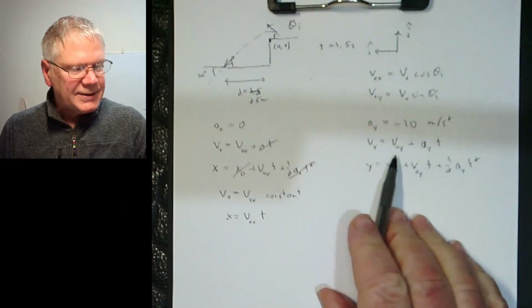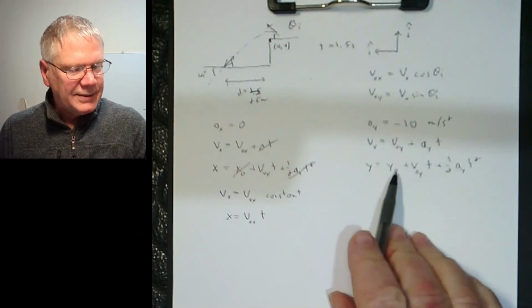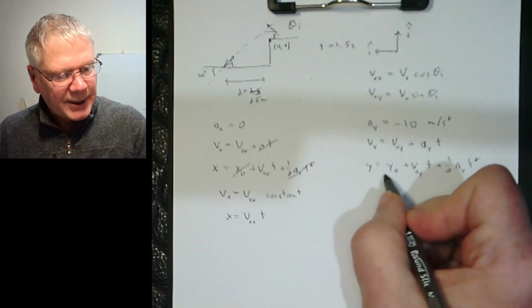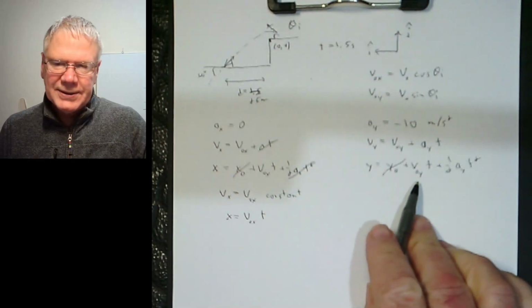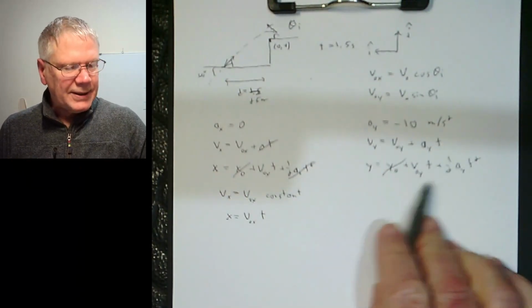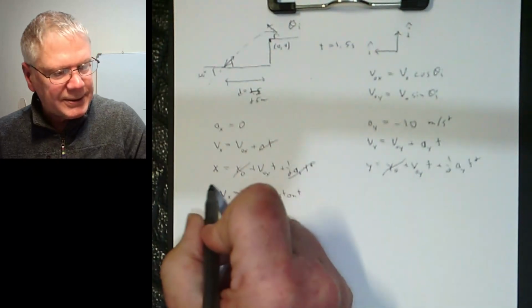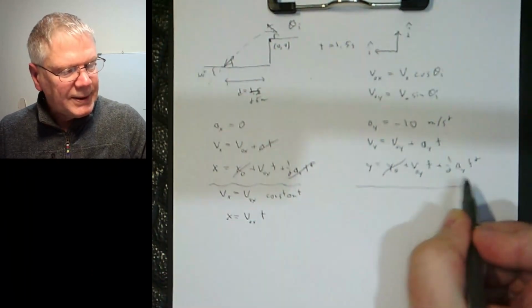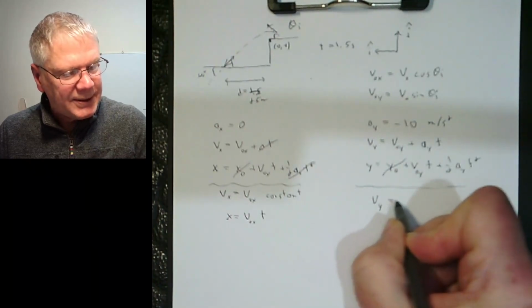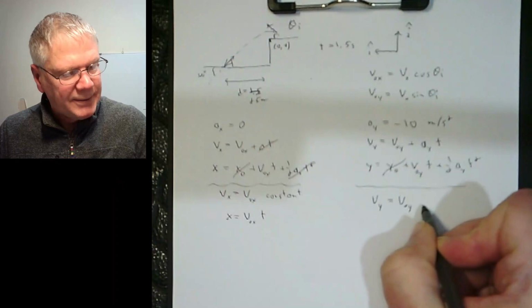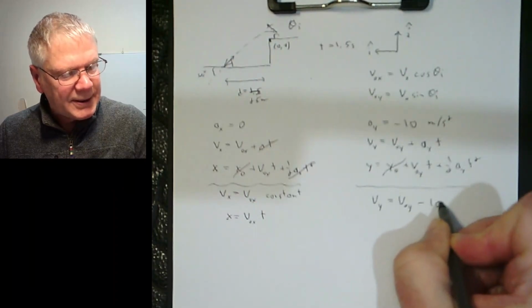I can't cross this out, and I can't cross this out. I am starting at y equals 0, so I can get rid of that. There is a y velocity at the beginning, so I can't get rid of that or that. So these equations, now I have Vy at any time t is the initial y velocity minus 10t.